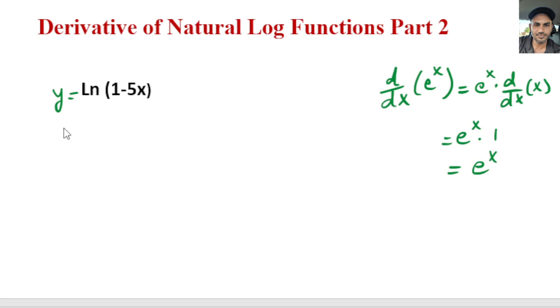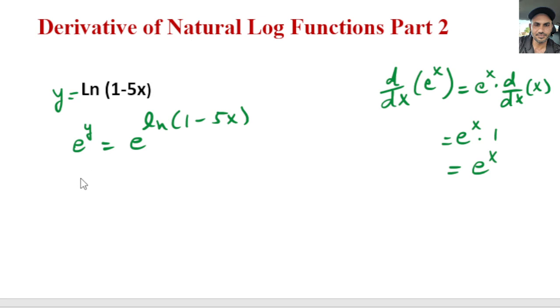Now we're going to exponentiate our expression. So it's going to be e to the y equals e to the ln of 1 minus 5x. I basically exponentiated the function, or e raised to the y equals e raised to the ln of 1 minus 5x.